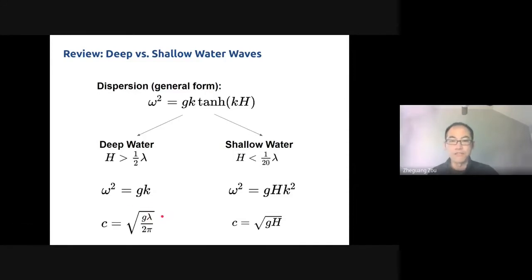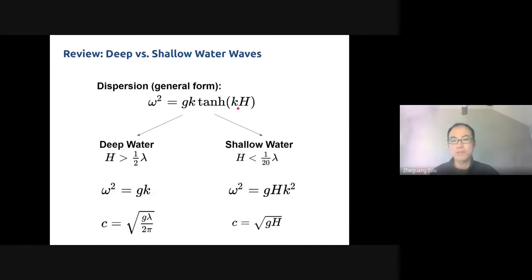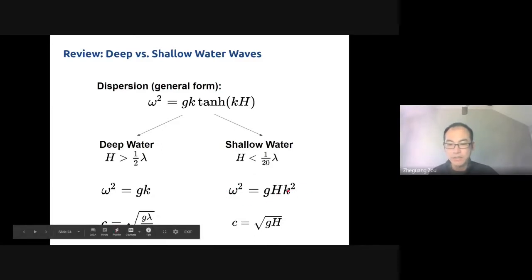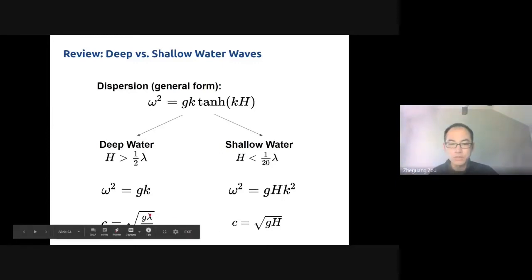But for shallow water, you know this h is very, very small. So tanh kh will approximate to kh. In that case, you move this thing here, and you know that the speed is the square root of gh. This one is g over k, and this one is gh.